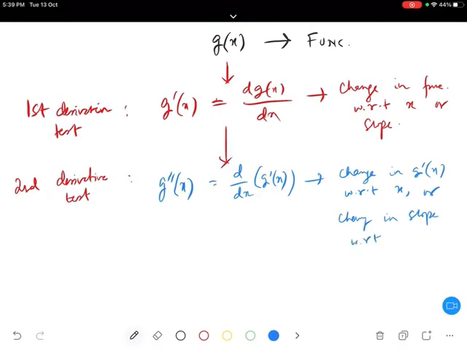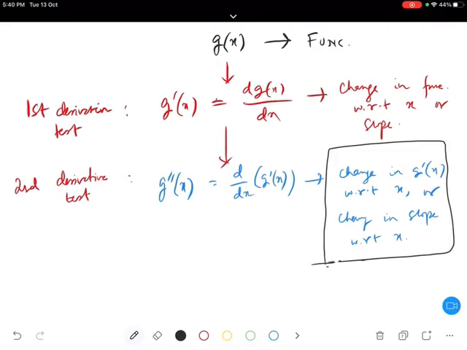Everyone, did you understand this one? Yes or no? Please tell me. It's just like speed. If I do differentiation of distance, what do I get? Speed. And if I do differentiation of speed again, what do I get? Acceleration. Yes or no?